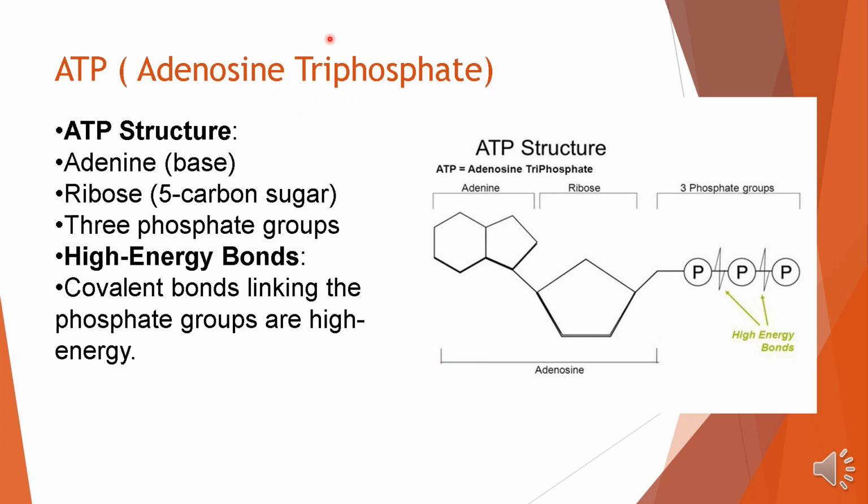The bonds joining the phosphate groups are high in energy, and when these bonds are broken, a lot of energy is released, which the cell uses to perform various cellular activities.